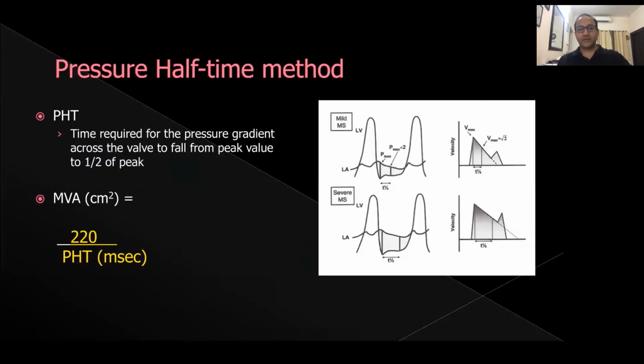Coming on to pressure half time. Now, pressure half time is basically the time required for the pressure gradient across the valve to fall from its peak value to half of the peak, right? So from various equations, a simple mitral valve area equation has been derived, which is 220 divided by the pressure half time in milliseconds.